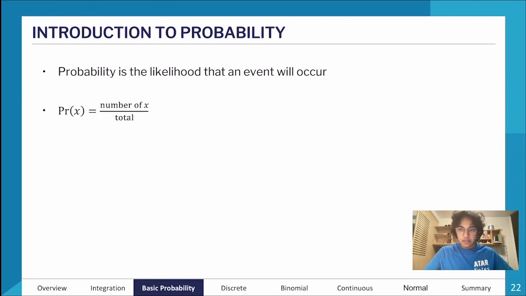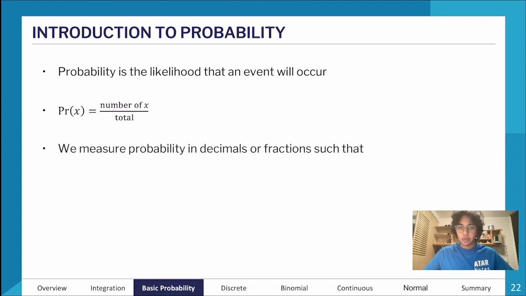For example, if I flip a coin 10 times and I want to know the probability of getting tails 5 times, I need to flip it 10 times and take account of how many times tails has popped up, and then I divide that. Theoretically it'd be 5, right? And so I'd do 5 divided by 10, and that'll give me the probability of getting a tails.